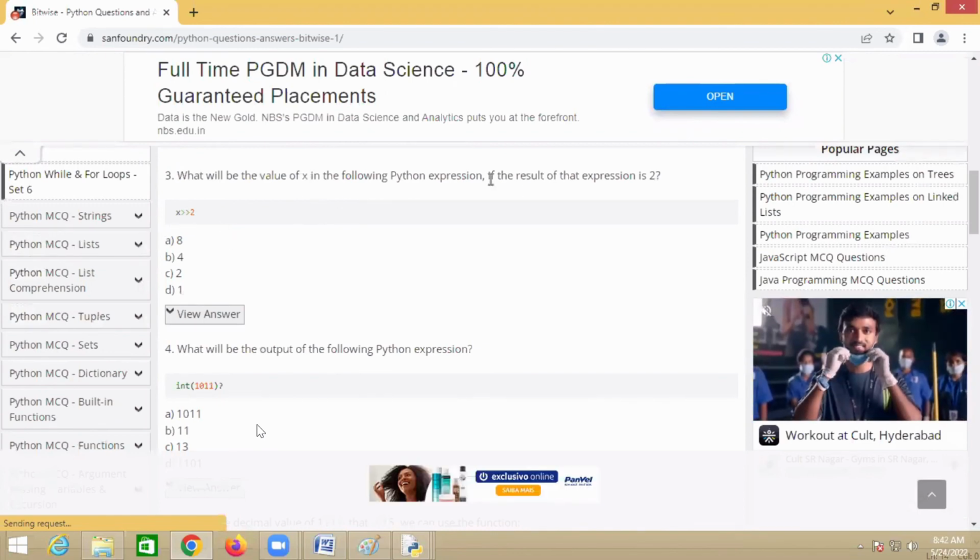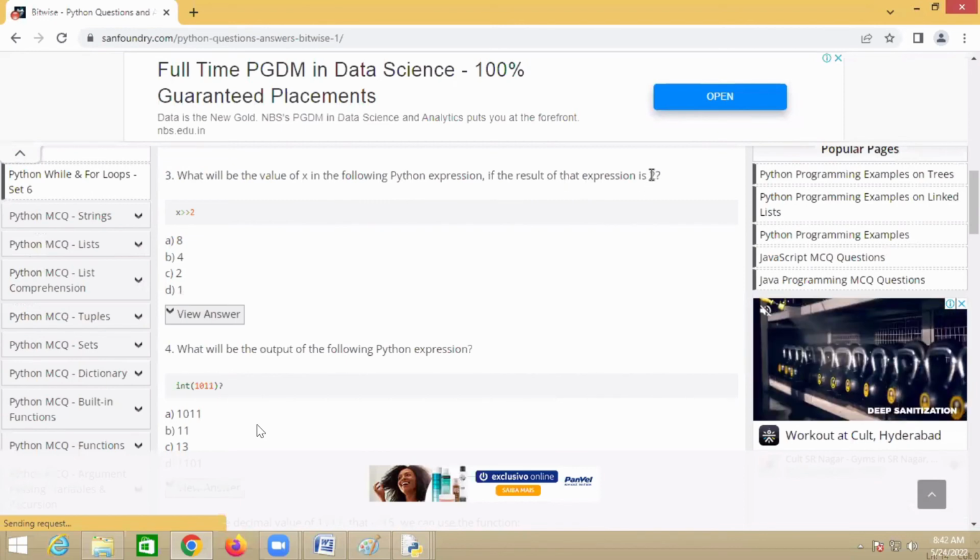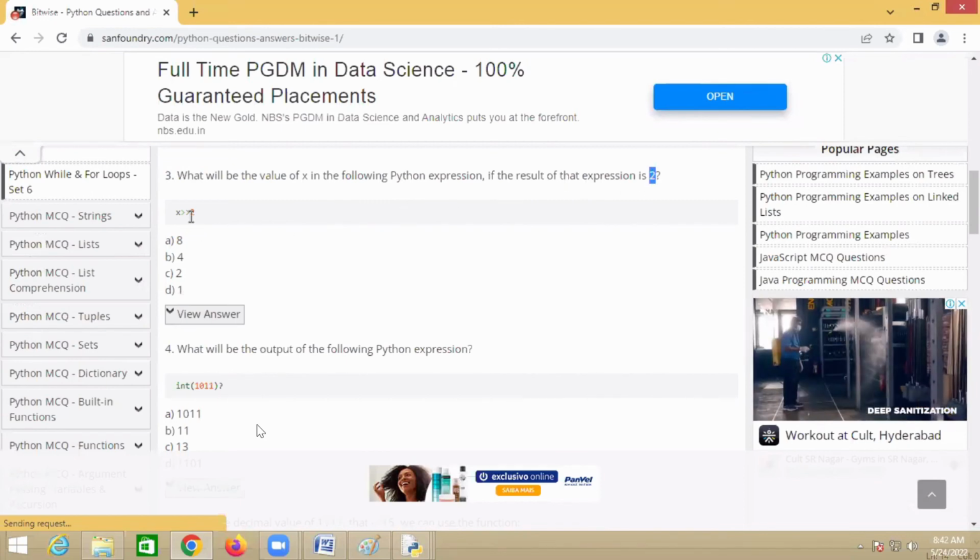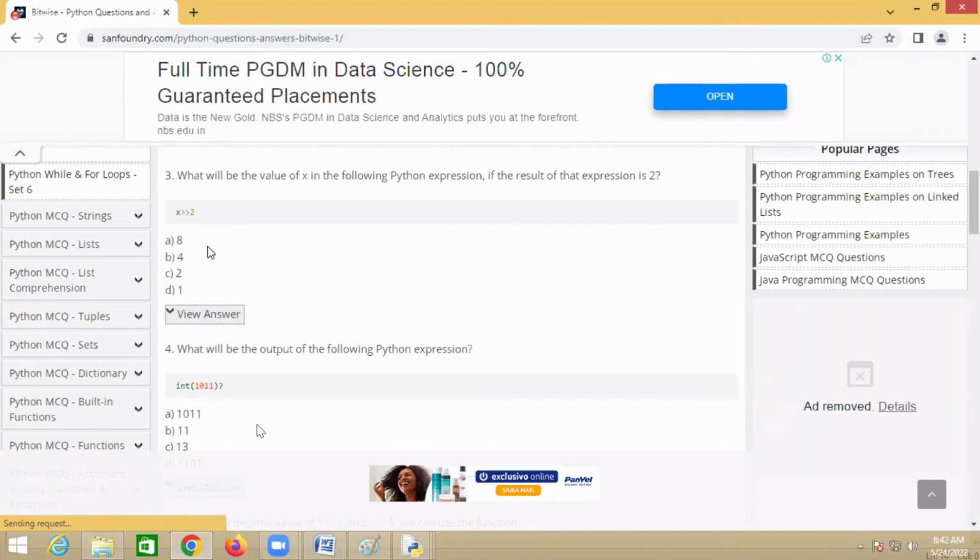Find the value of x if the result of the expression is 2. x right shift 2. Is the value of x 8, 4, 2 or 1?